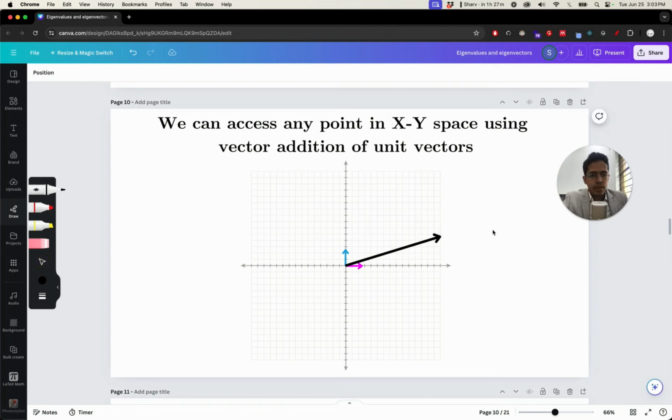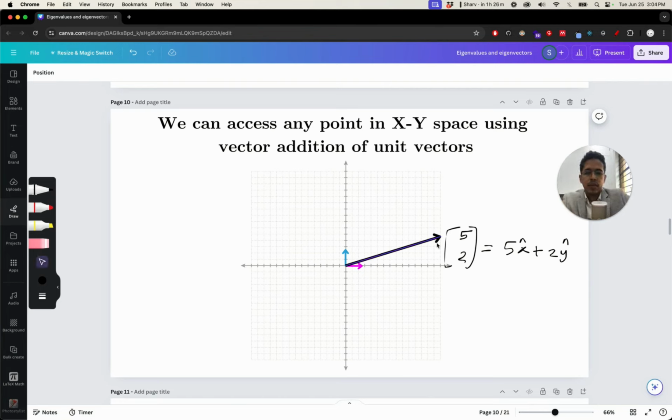This vector is probably, in the x direction, 5 times as long as unit vector x, right? So this x dimension is maybe 5, y dimension is maybe 2. So this can be written as 5x plus 2y. So we can write this vector as a linear combination of the two unit vectors.